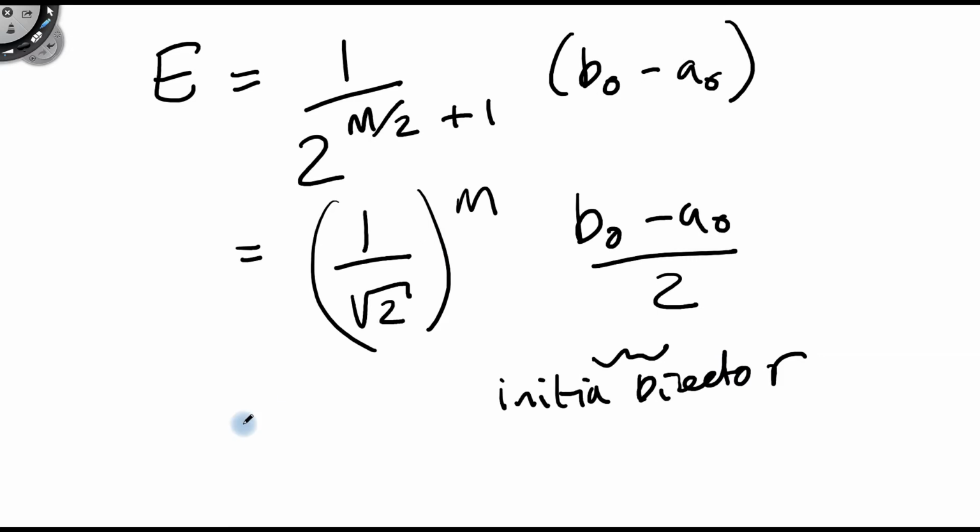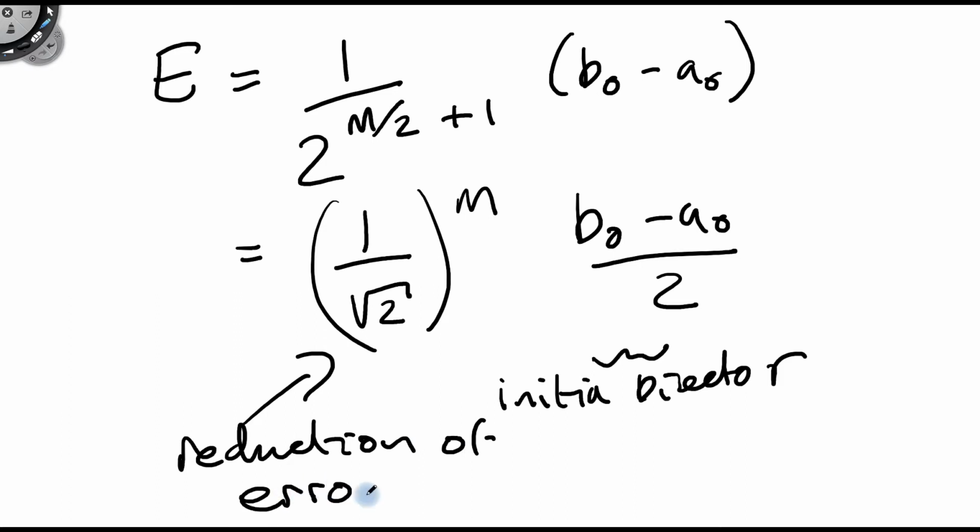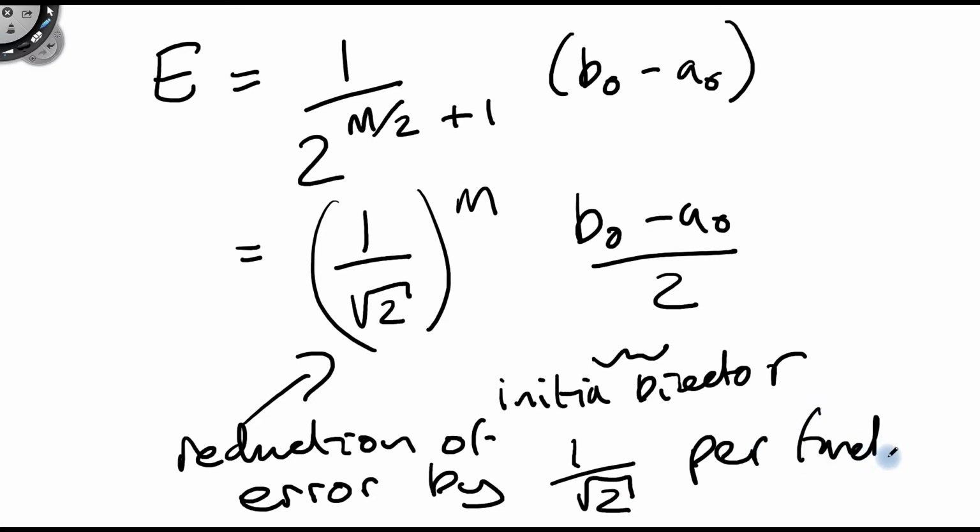And then we have a reduction of error by 1 over root 2 per function call. And it turns out that the number of function calls of each method is the best way of comparing efficiency. Okay, this will make more sense when we see the next method, and we can see where the function calls come in.